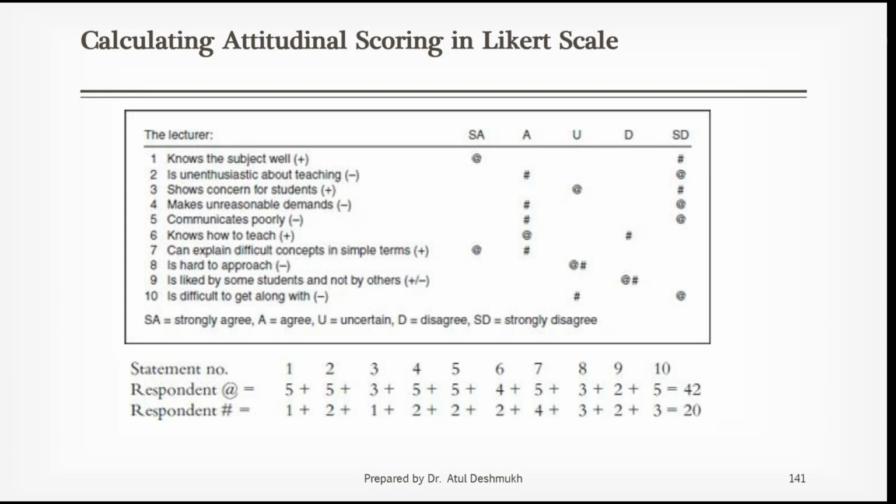Rather than keeping such non-discriminative statements, you remove them and keep only discriminative statements, which differentiate one participant from another, because of which one participant will have a different attitude compared to another. Such statements you keep. Non-discriminative statements or items you remove.